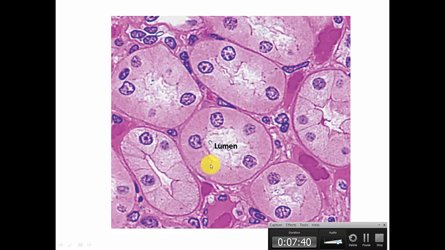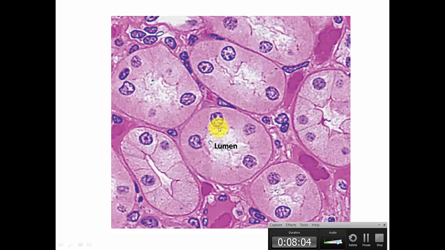Well, because if you look at one slide from the kidney where you have epithelium, so this is my epithelial tissue. This is a cell here. I know it's a cell because I can see its nucleus. So this is my basal surface, this is my apical surface, and this is my lumen.